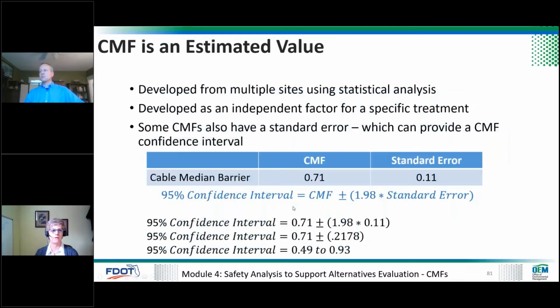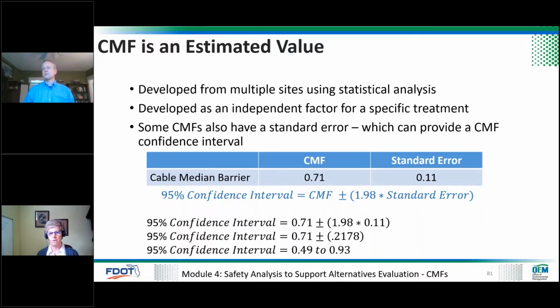Something to remember is CMFs are an estimated value, and so they're developed from doing before-after analyses, using statistical analysis from multiple sites and getting all the right characteristics of a before-after safety evaluation. And typically, those before-after safety evaluations yield a standard error, right? So the approximation of the standard deviation.